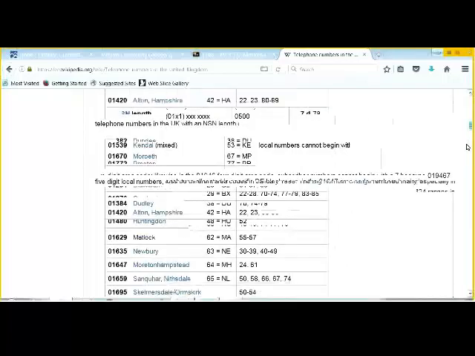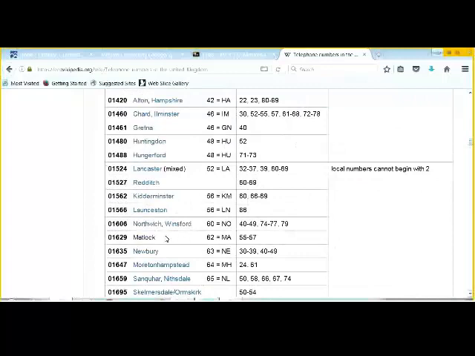If you go to the first 5 digits of the phone number for where we usually visit, the town is called Matlock. It's 01629, and so that's 5, and then it's a 9-digit number, so you have 4 more numbers, I think.